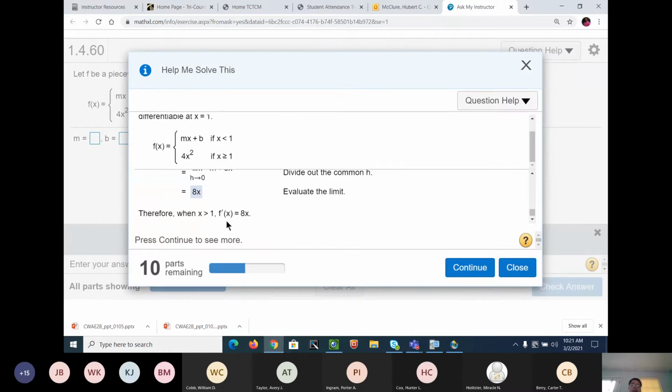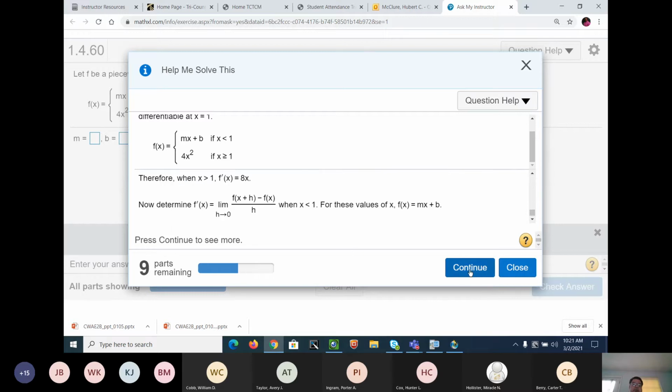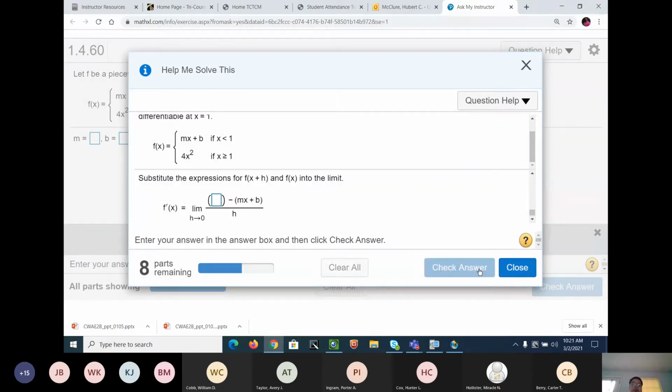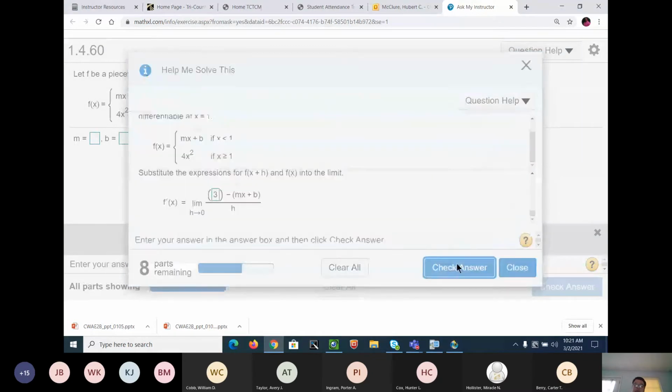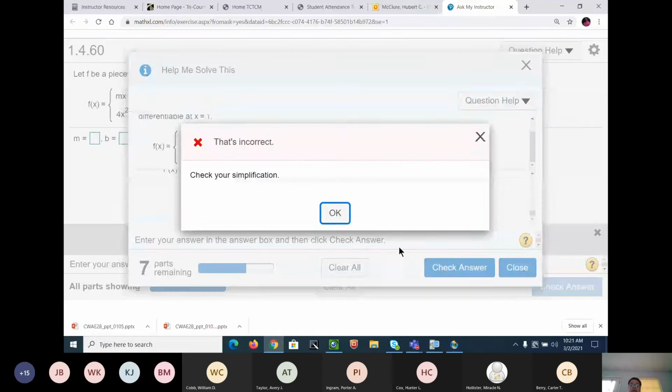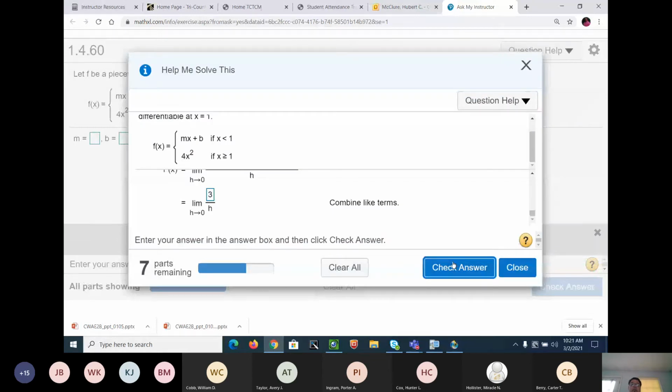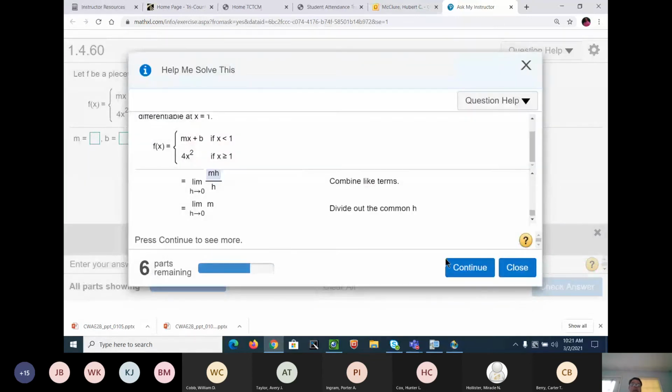And f prime of x is equal to 8x. And then we're going to plug in mx plus b, and we should get m.